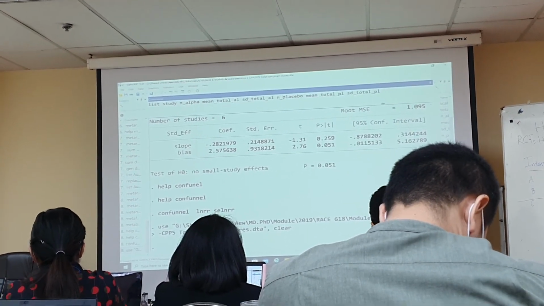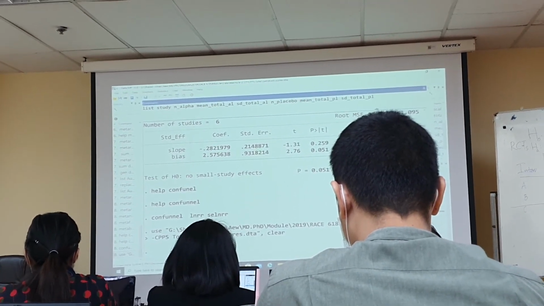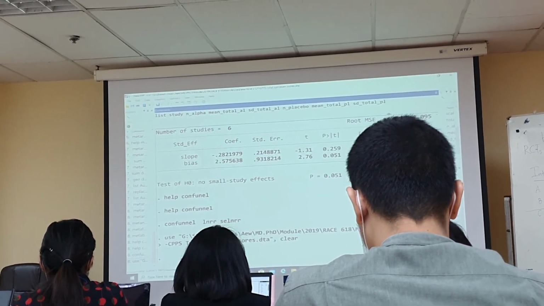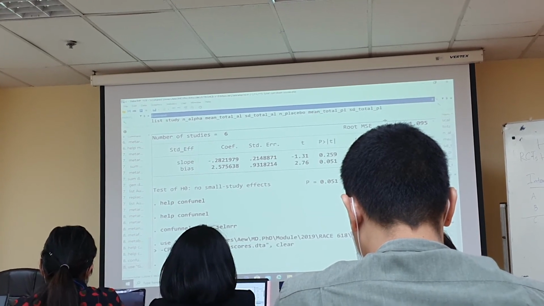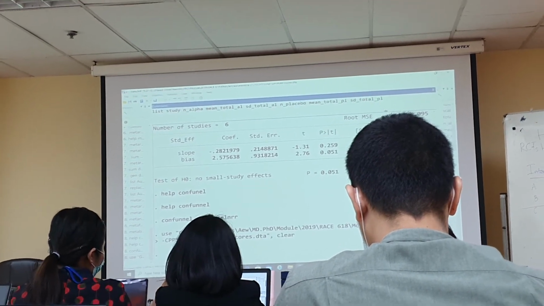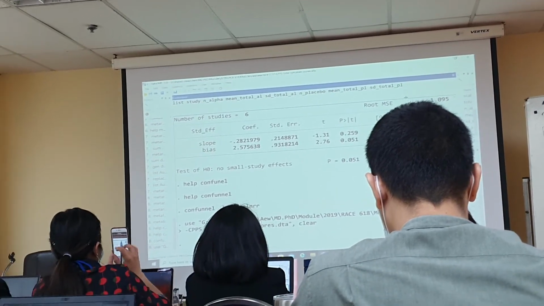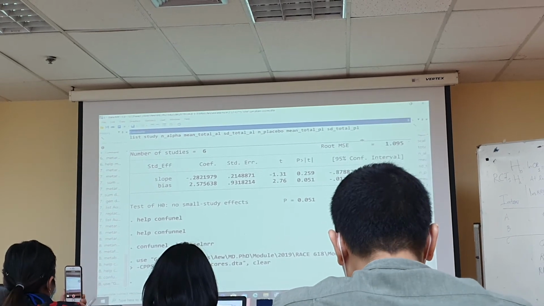So what I prepared is the data for each study along with the sample size of alpha blocker, the mean of the symptom score, and the standard deviation of that symptom score for alpha blocker, and then the same format, 3 variables, for placebo.